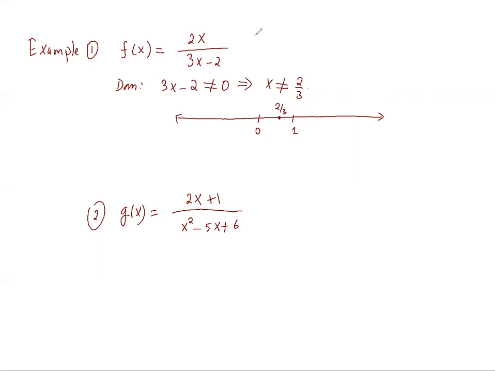This point is not included, so I'm going to circle that one to say that it is not included, and we highlight everything except 2/3. This highlighted part is the domain of this function.